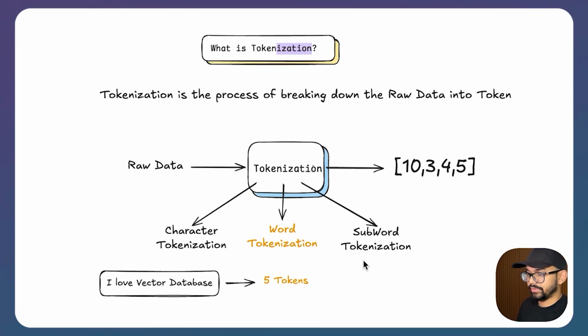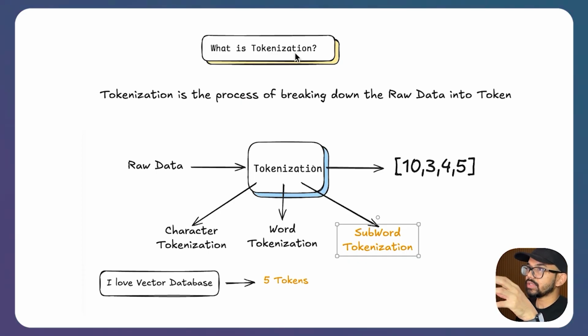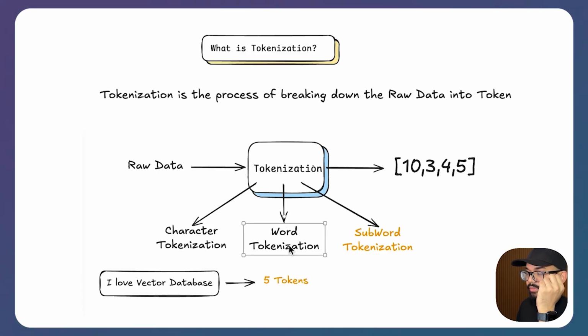So if you consider a subword tokenizer, it breaks down words optimally into smaller words, so as to reduce the number of tokens. We could have used a word tokenizer, but the problem with a word tokenizer was that every word would be treated as a unique word.